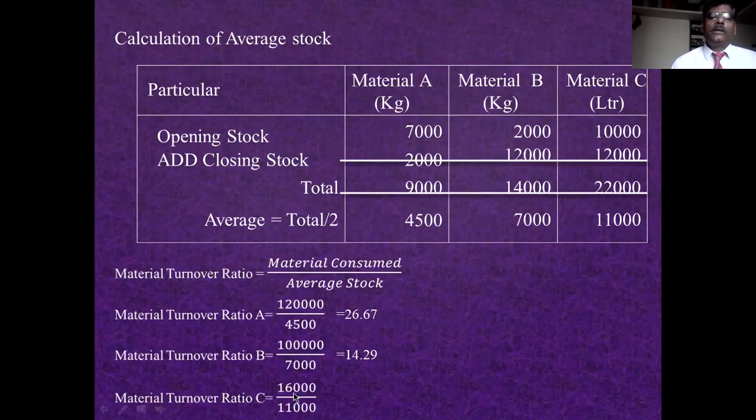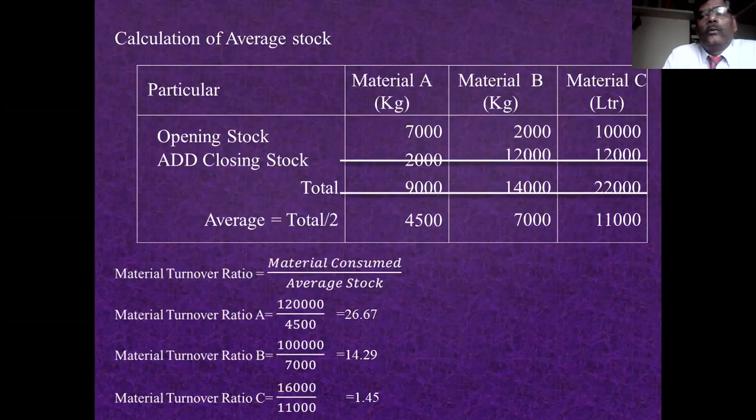And regarding material C, 16,000 divided by 11,000 is equal to 1.45. 1.45 times in a year, not exactly 2 also. One time you have to fill up and 0.45 times. You consider it as 2, no problem.